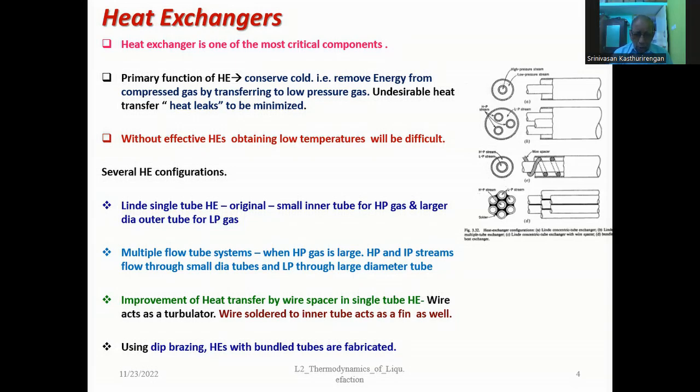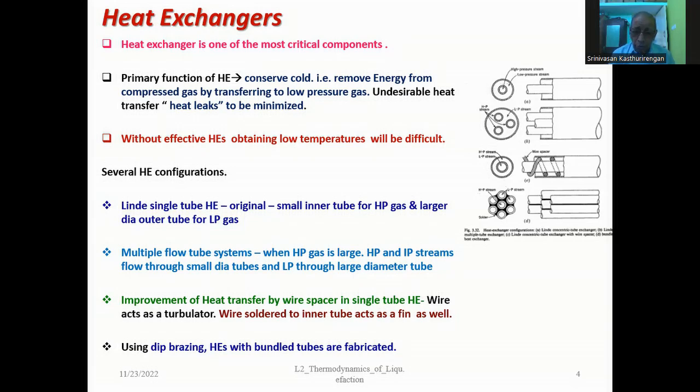Okay. So there is another option possible, that you can have multiple sets of tubes arranged in the form of a hexagon, and this entire bunch of tubes can be soldered together, or you can do what is called dip brazing, so that the tube bundle can now function as a total heat exchanger.